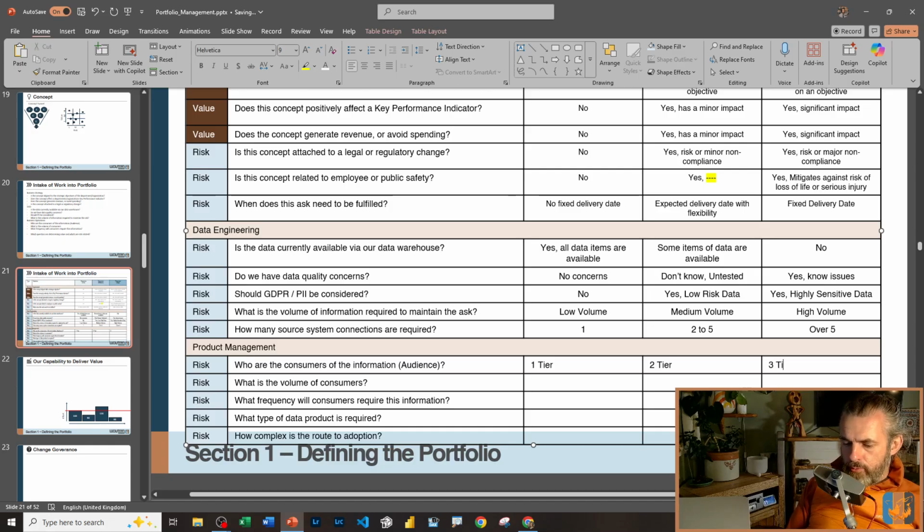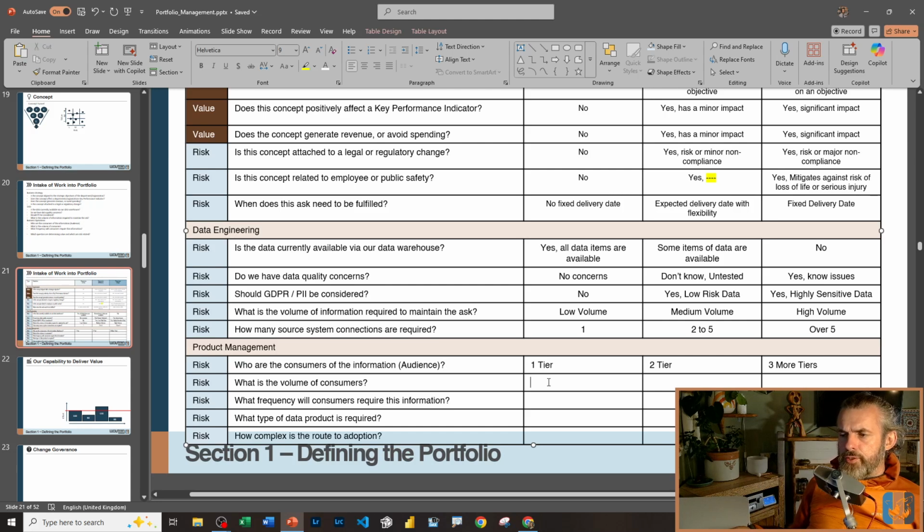And then we kind of go up from there, 3 or more. So a high risk item would be that we're serving 3 or more different audiences. So it might be operators, managers, and senior leaders. We just have those 3 categories: the senior leadership team, the managers, and the operators.